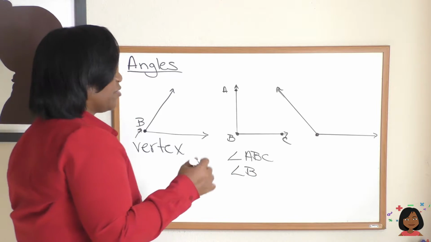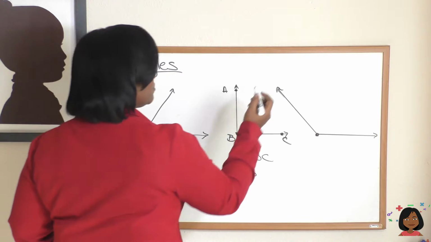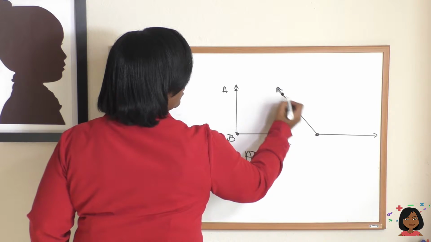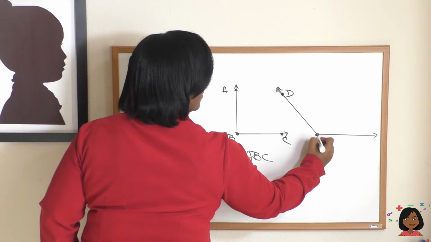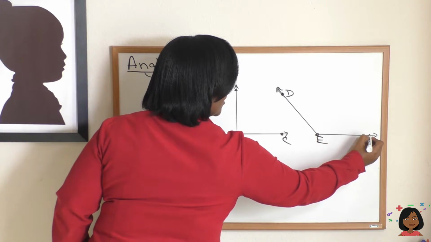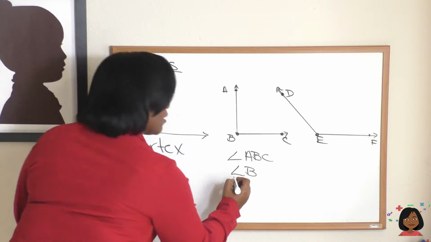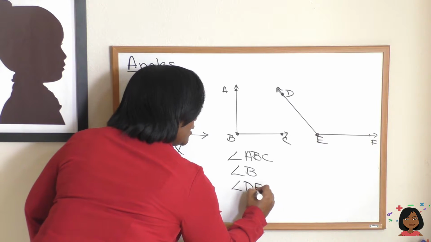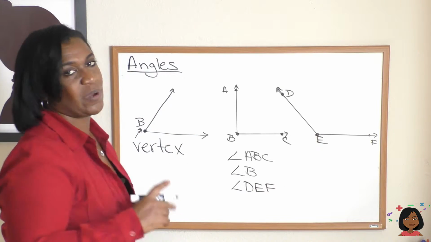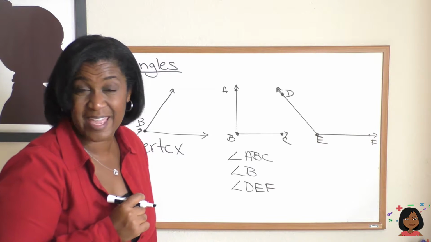I want to show you one more thing regarding how we name angles. Let's say this one, there was a D, there was an E, and there was an F. So we could call that angle DEF. But what I want to show you is what we can't call this angle.